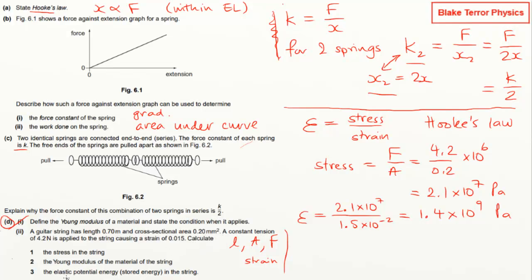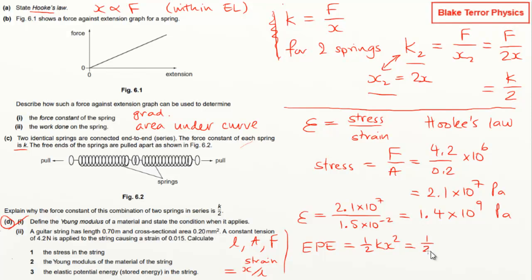And then the elastic potential energy stored in the string. So we've got EPE is a half kx squared. So we now need to look at our strain here, because strain is extension divided by length. So that strain multiplied by length is going to be extension.